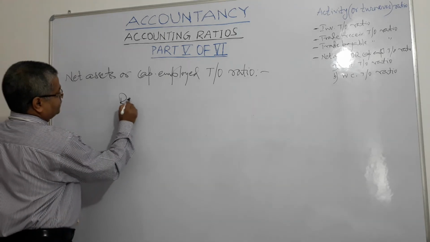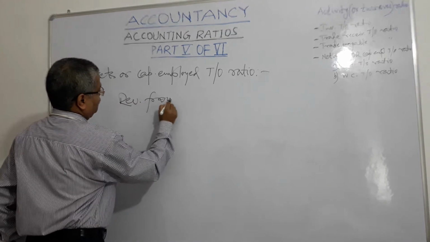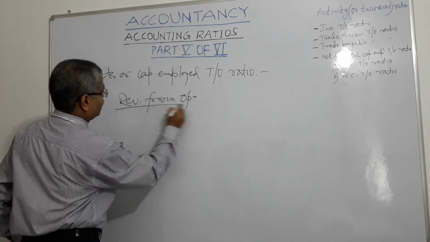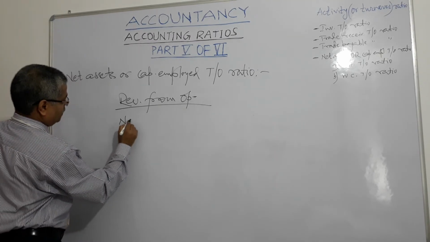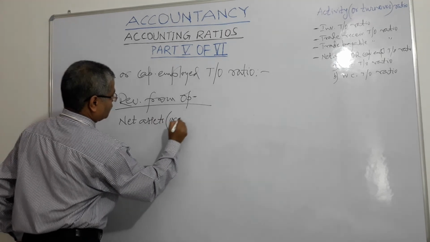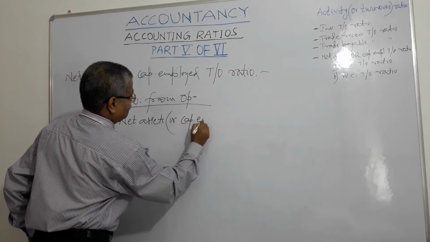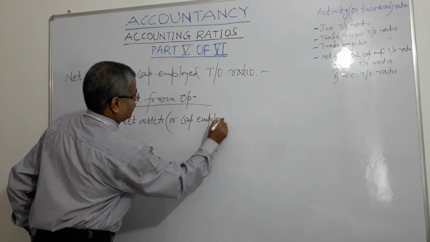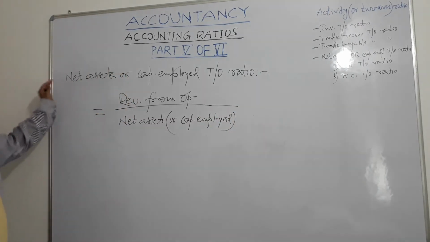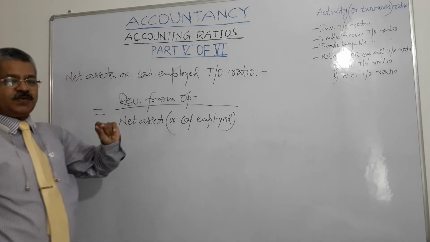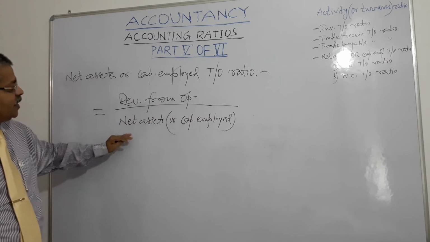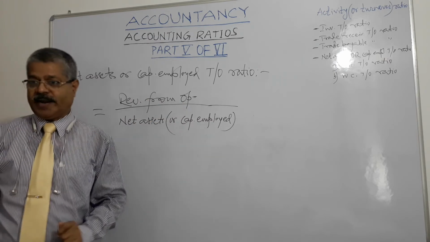So it goes like this: revenue from operations upon net assets or capital employed. Net assets or capital employed turnover ratio is equal to revenue from operations divided by net assets or capital employed, right?